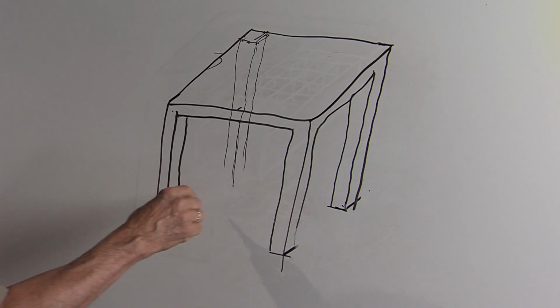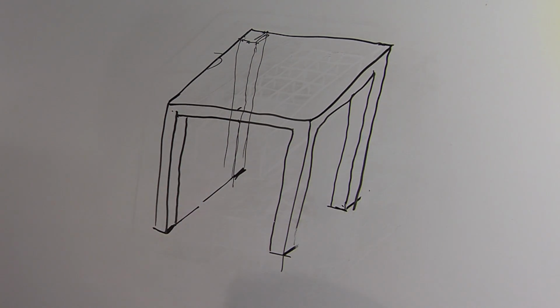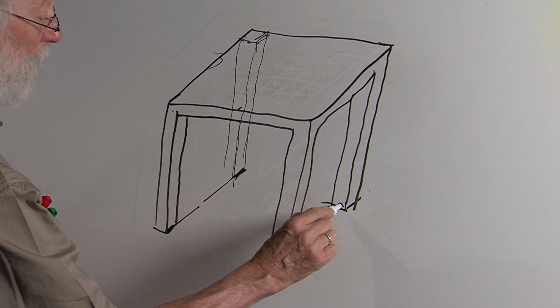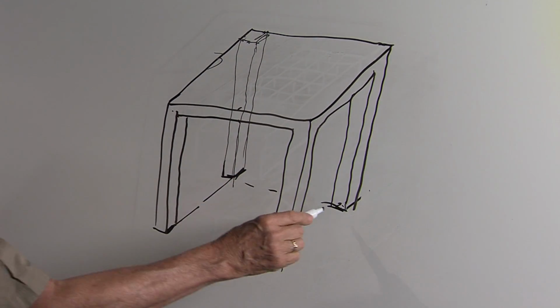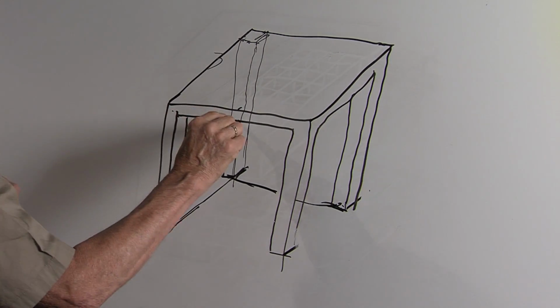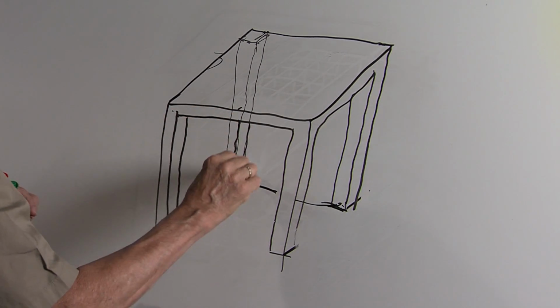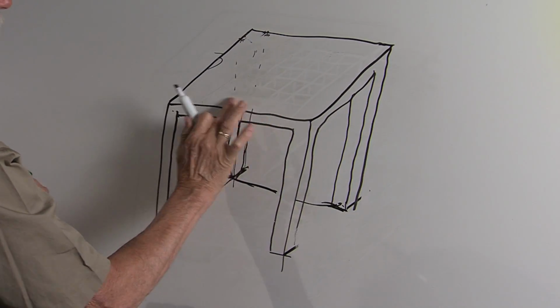And then you can run this across here to know where that leg is. You can run this line across here to know where that ends up. So that gives you, see how that comes across, this comes across here, and it tells you where that back leg actually should be. And then come back here and erase all of this.